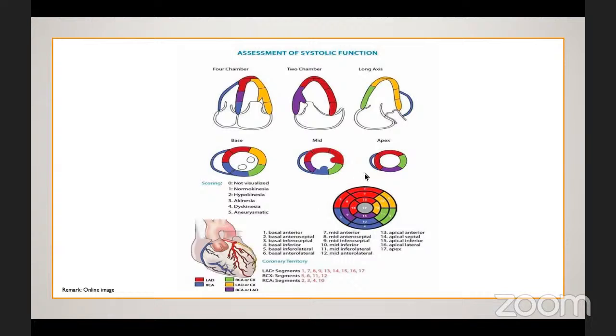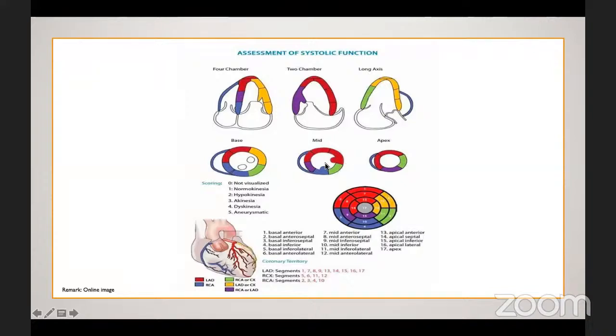So showing in here, you can see this one is the basal view, showing the anterior segment, the septal, the anteroseptal, or posterior. This is the posterior, this is the posterolateral, and this is the anterolateral. If you go down a little bit, this is the same arrangement.